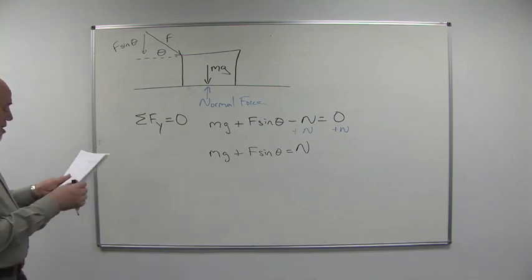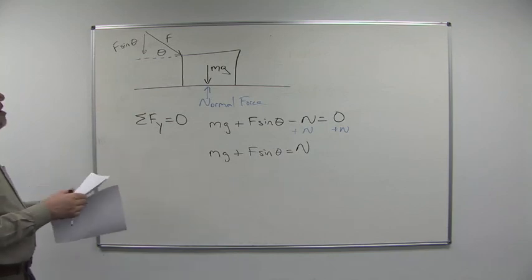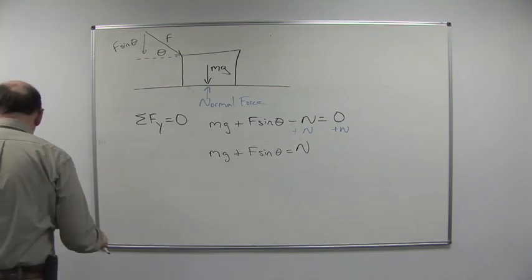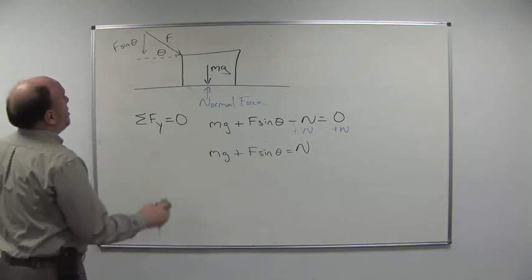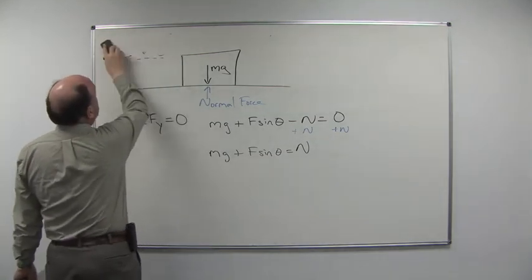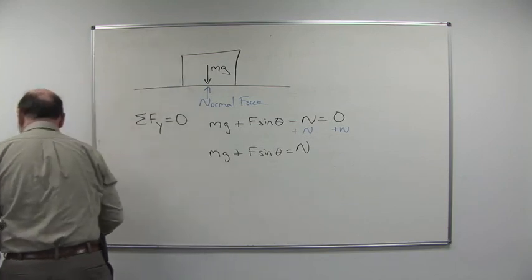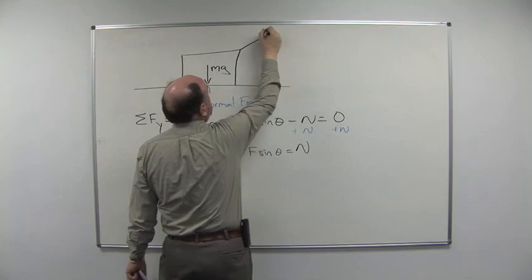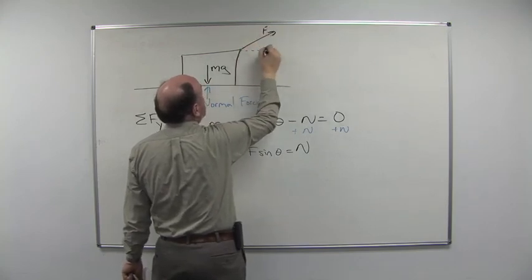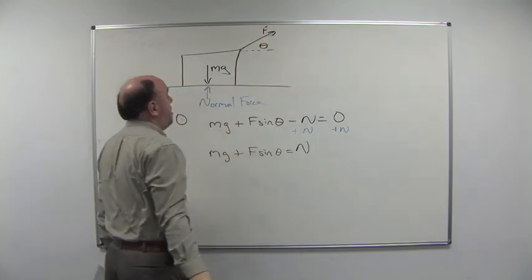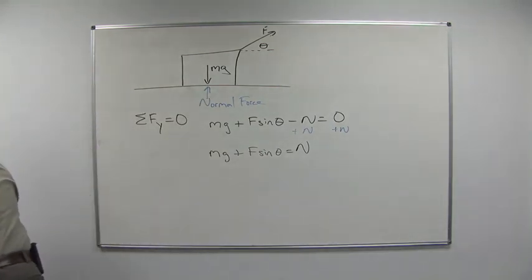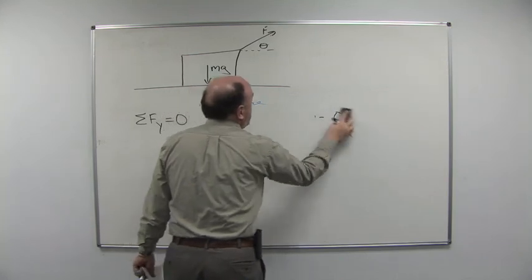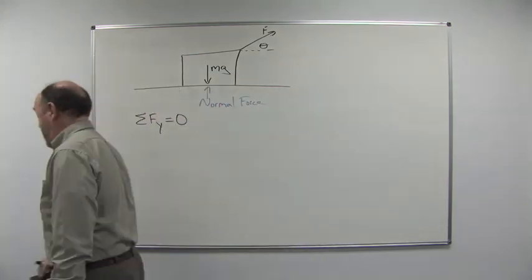The third possibility, rather than pushing on the object, is that we are now pulling on the object. So now the force is over on the other side, and again at some angle theta. We want to know what happens in regards to the normal force in this scenario.